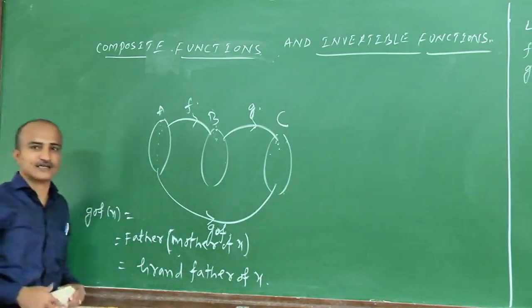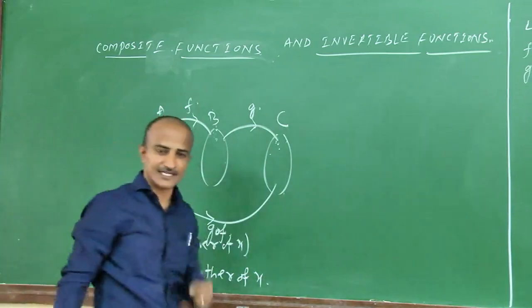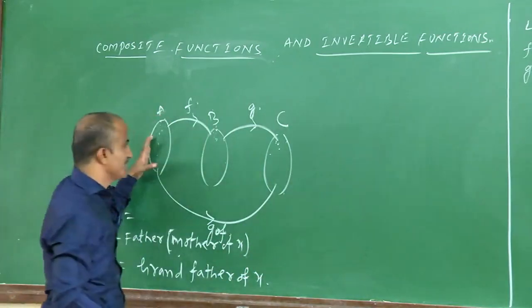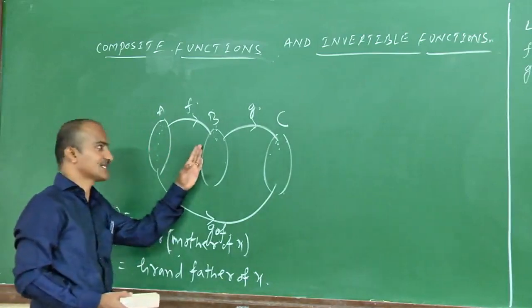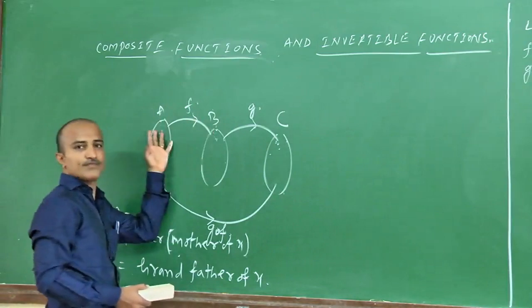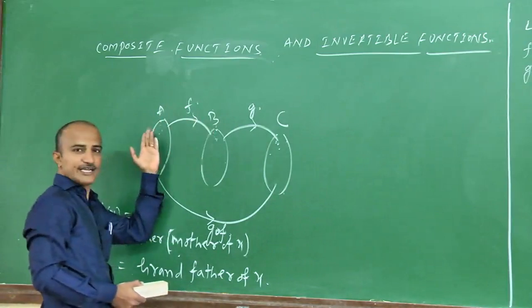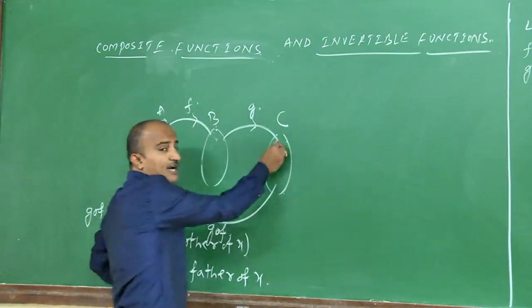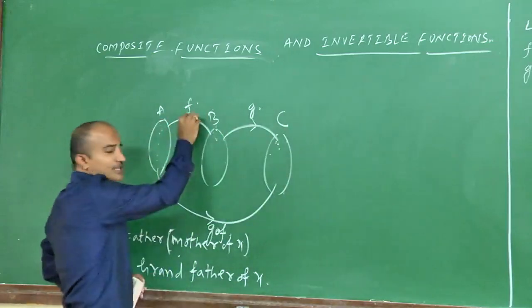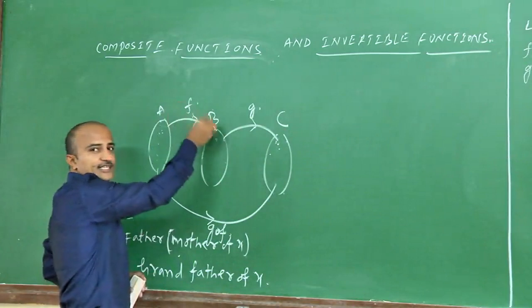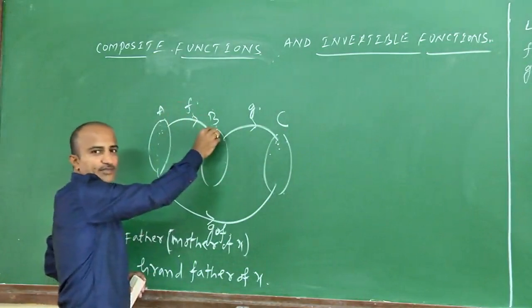Or if you take some other example, let A be the 10th standard students, B be the register roll numbers of candidates who are in 10th standard, and C be the code given to the register number. Through f, each student is assigned to a certain roll number.